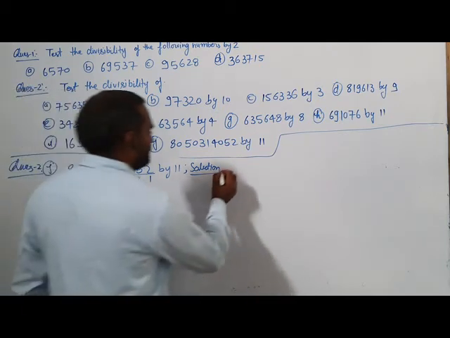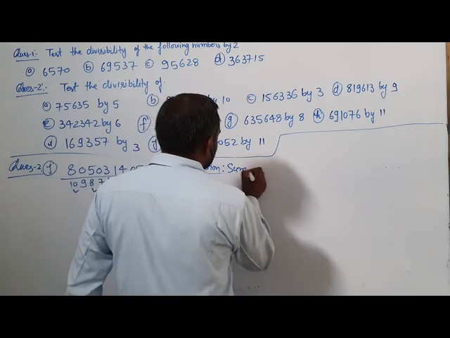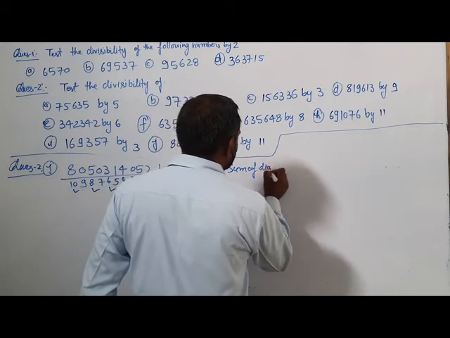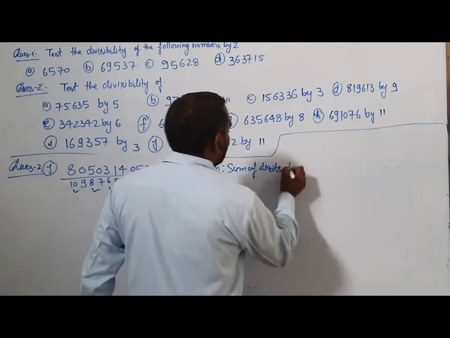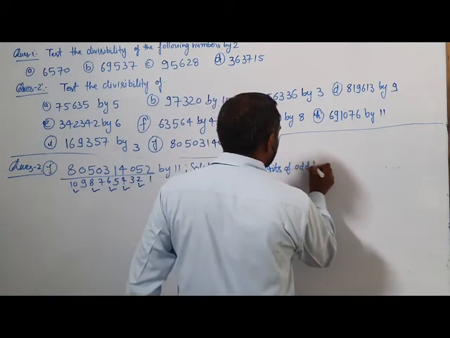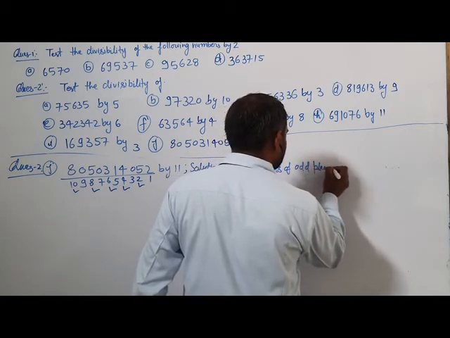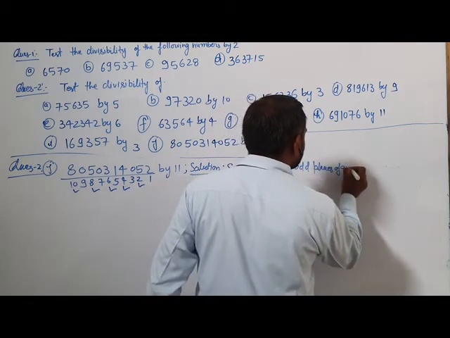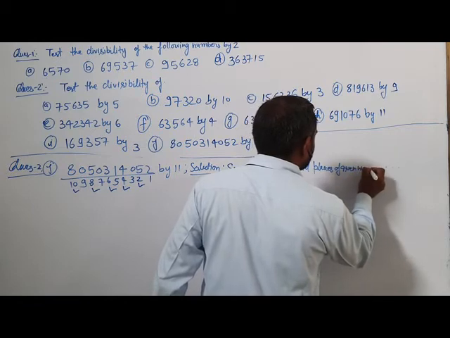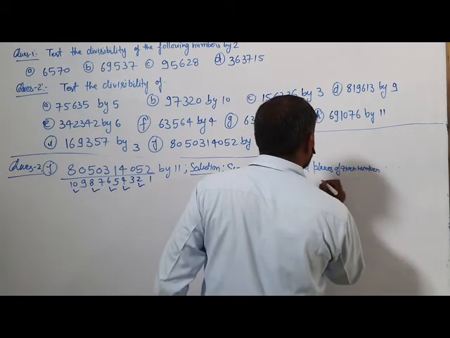Sum of digits of odd places of the given number.